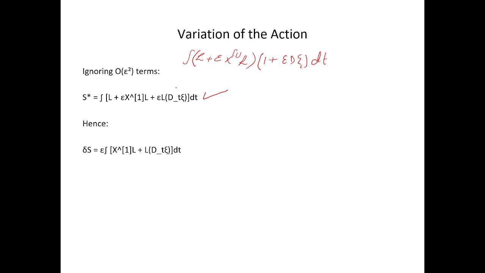So from here we get these three terms: L multiplied with 1, that is L. Then this term multiplied with 1, so that is epsilon X1 L. And this term multiplied with L, so that is epsilon L d xi over dt. And when we multiply the epsilon term with this epsilon, that is epsilon square, so we ignore that. So we have only these three terms after transformation.